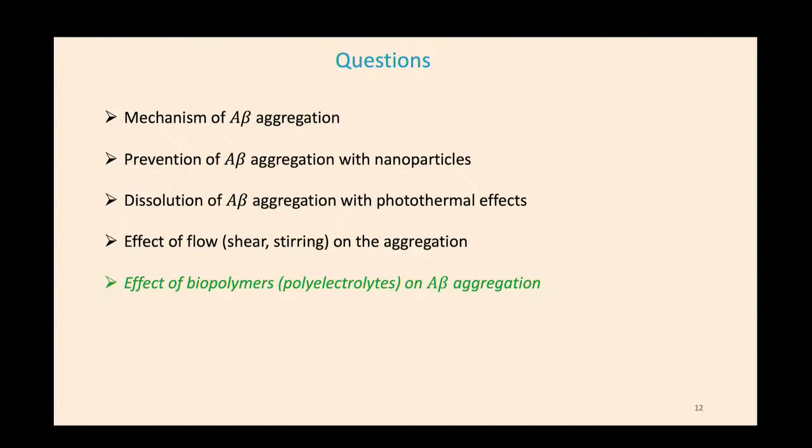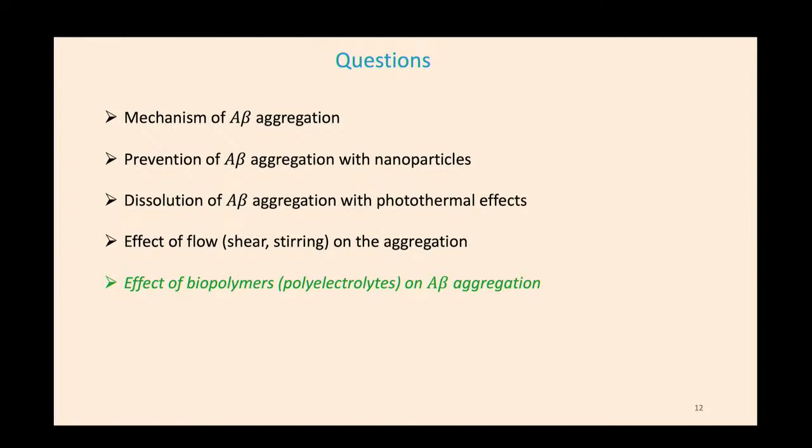Now, we were looking at this problem from multiple aspects. We want to understand the mechanism of this amyloid beta aggregation, and how we interfere with or prevent this aggregation through some sort of additives. Also, how do we disintegrate or disassemble these aggregates even after they form, and whether this is reversible or not.